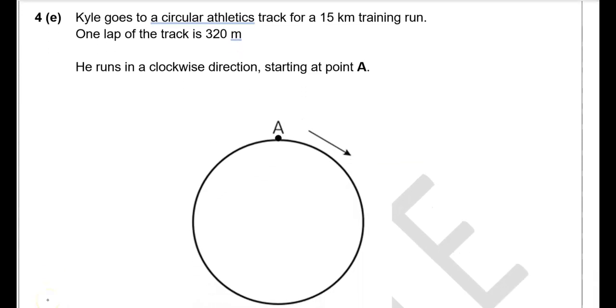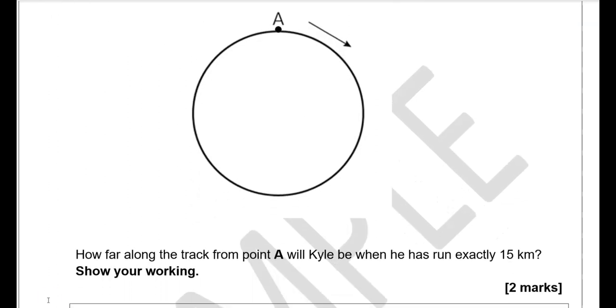Kyle goes to a circular athletics track for a 15-kilometer training run. 1 lap of the track is 320 meters. He runs in a clockwise direction, starting at point A. How far along the track from point A will Kyle be when he has run exactly 15 kilometers? Show your working.